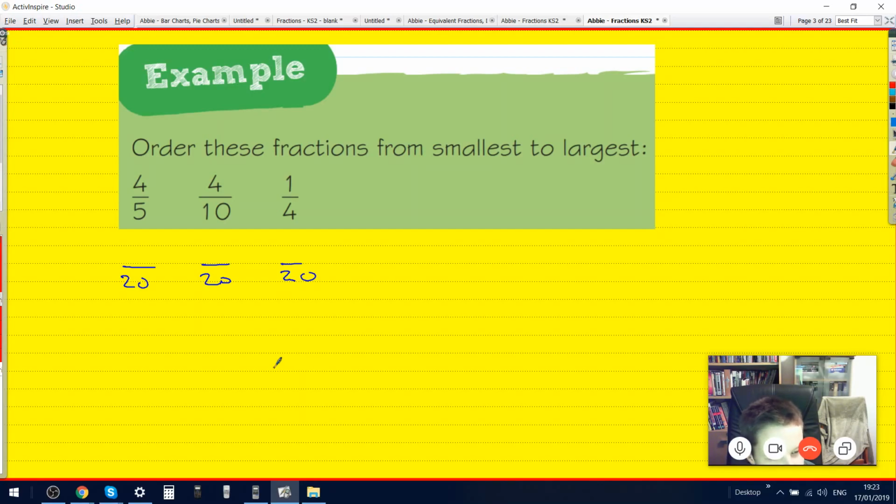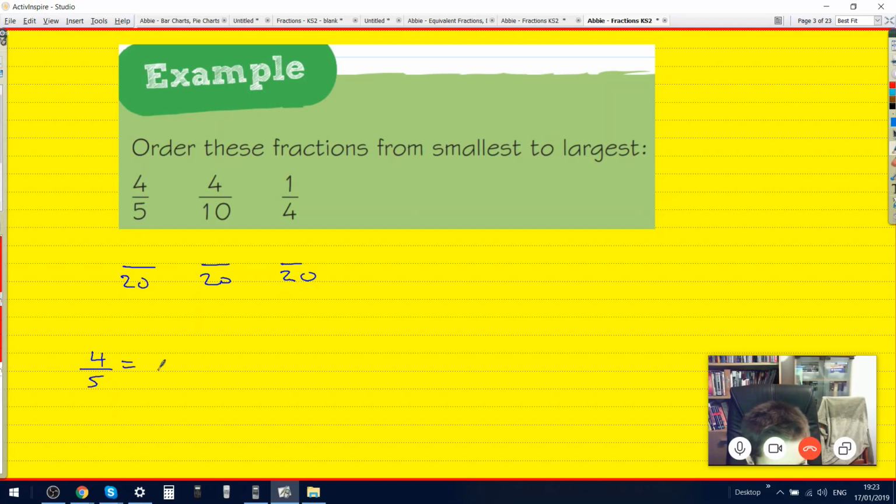20 divided by 5 is 4. Well, what do you do with that 4? You place it above the 20. So that would be if it was 1/5.